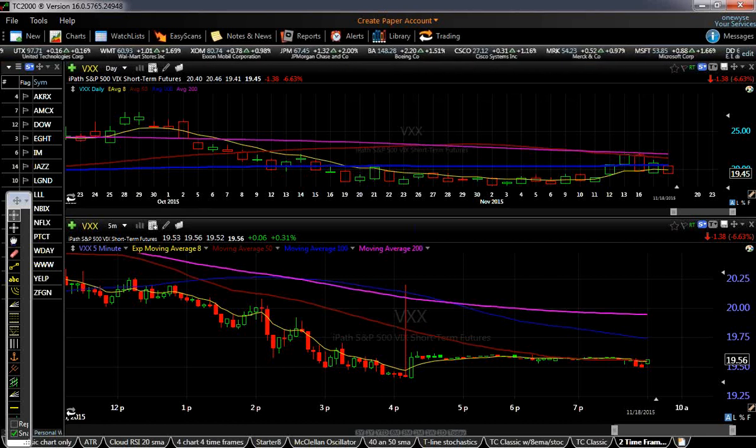I'll go to a 2 times a position and a 3 times a position, depending upon my conviction level. But all things being equal, when I take a trade, I try to keep the initial base amount of money that I put into that particular trade the same.